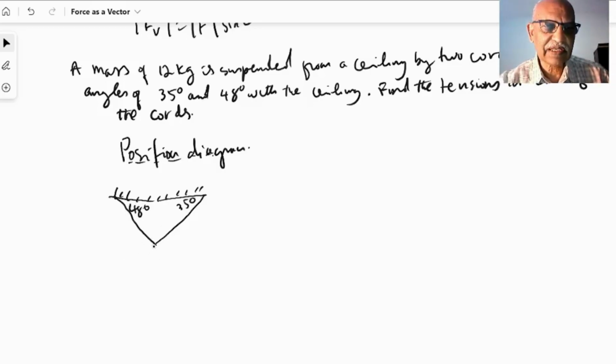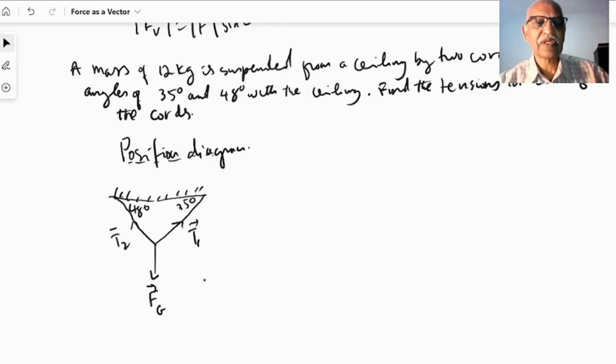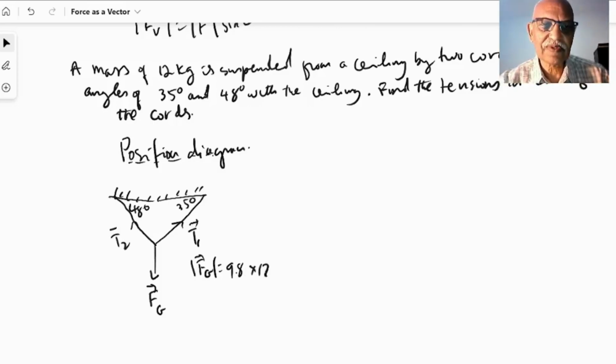So this is the gravitational force, which is Fg, and this is tension 1, this is tension 2. And we know the gravitational force is always 9.8 times the mass. This is weight. The mass is 12, which gives 117.6 newtons.